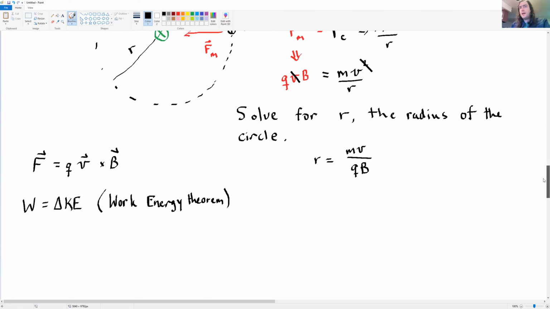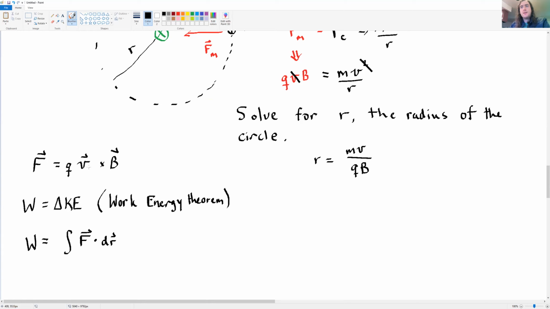And of course, we know that work is a path integral, right? So the work is the integral on some particular path of the force dot product with some vector dr, which represents the displacement along the path that you're going to calculate the work done by the force.